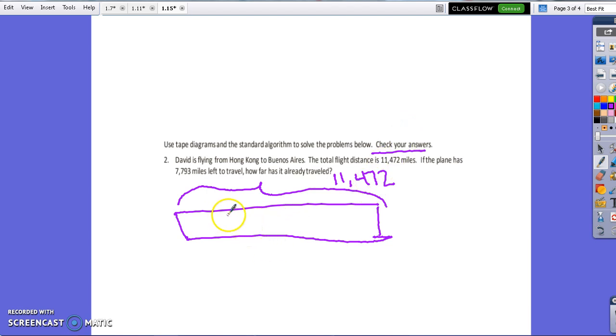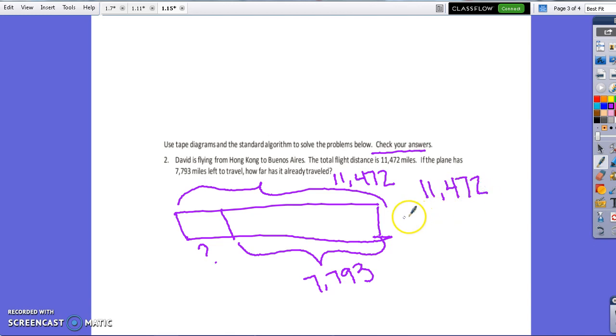Now, we know that the plane's already traveled 7,793 miles. The plane still has a portion left to go, and that's what we're going to try and find out. So what we are going to do is we're just going to subtract. So we know the total is 11,472, so we're going to have to take 11,472.